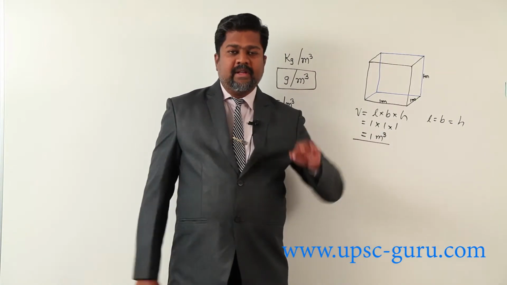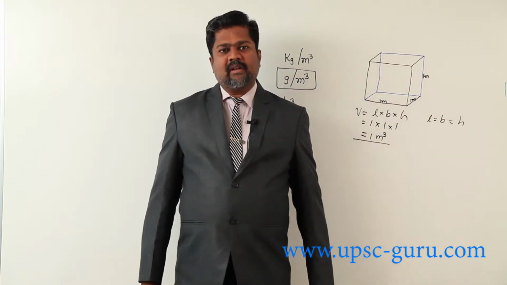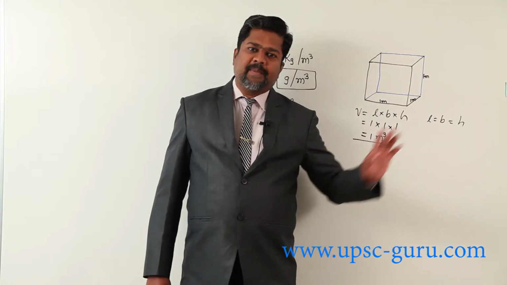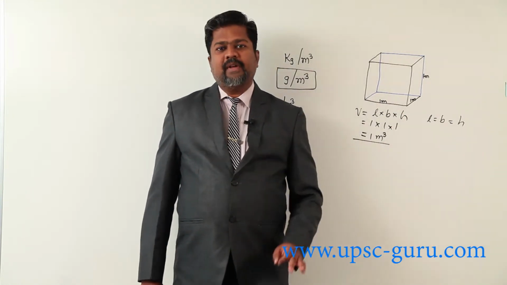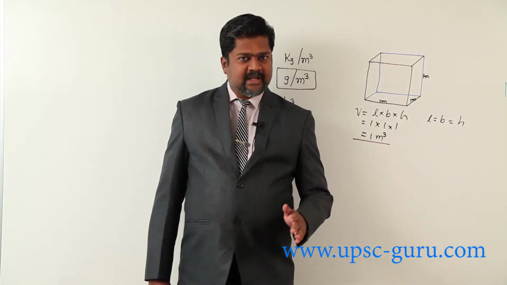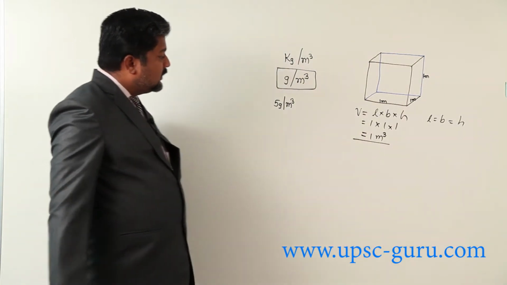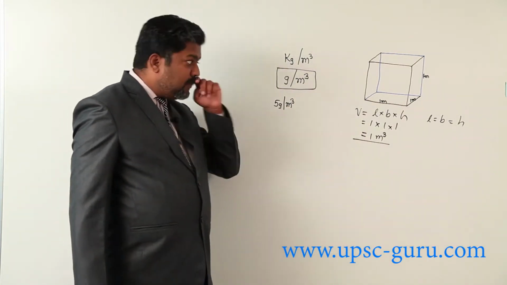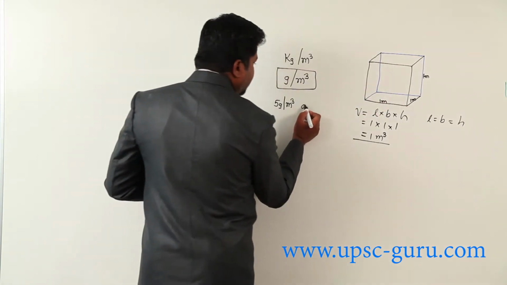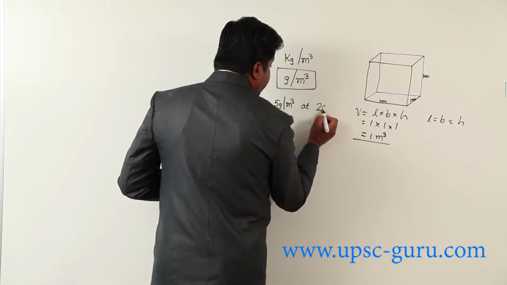These figures I am using to make the concept clear. Don't think that at 20 degrees Celsius 5 gram water is always present in air. These figures are just hypothetical, to explain the concept. Let us say the 5 gram water is present in 1 meter cube volume, because this condition is required, at 20 degrees Celsius.